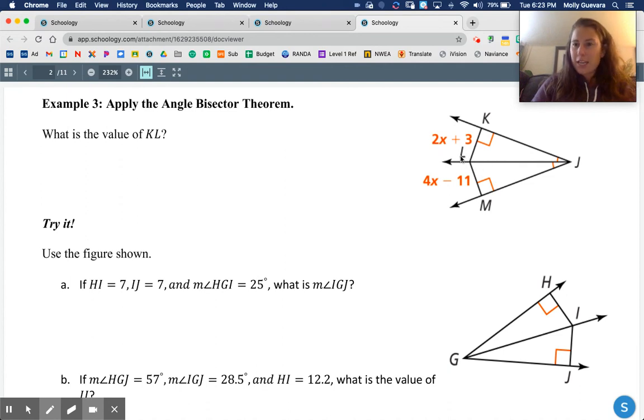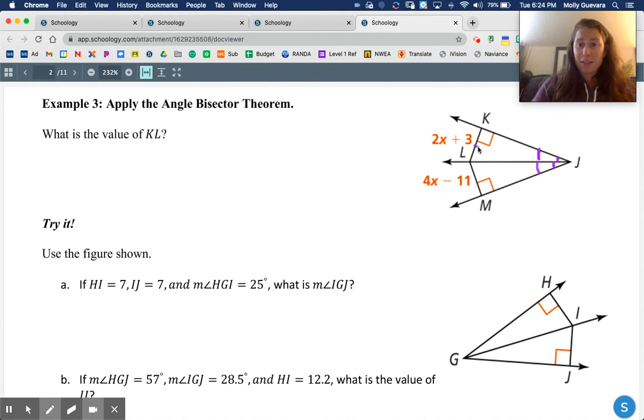Well, I'm looking at LJ. Do you see? It's really hard to see, but there are these little curves here. I'm going to maybe draw them bigger so they're like that. That tells me that these two angles are the same. Since these two angles are the same, LJ is the angle bisector. Since LJ is the angle bisector, it's cutting that angle in half.